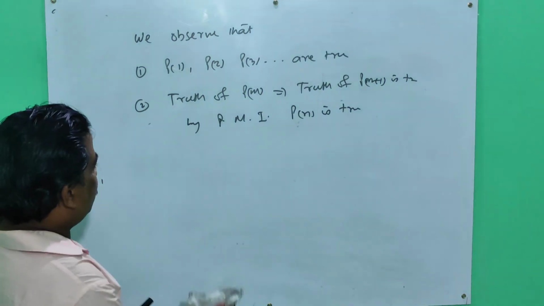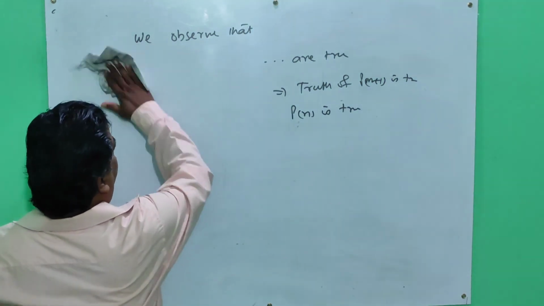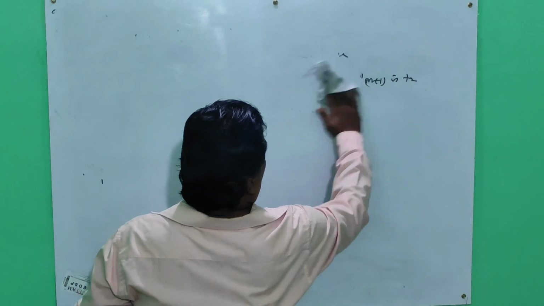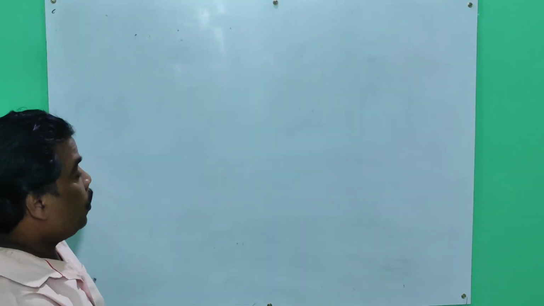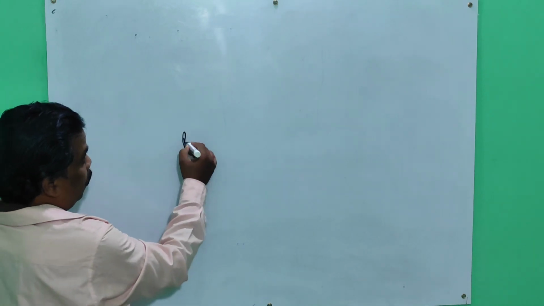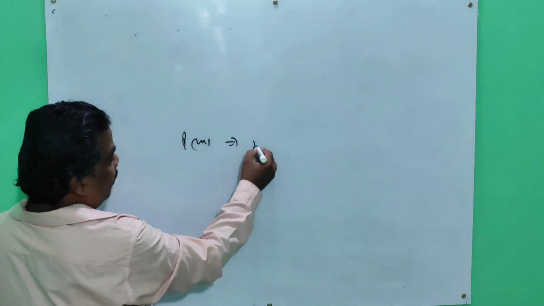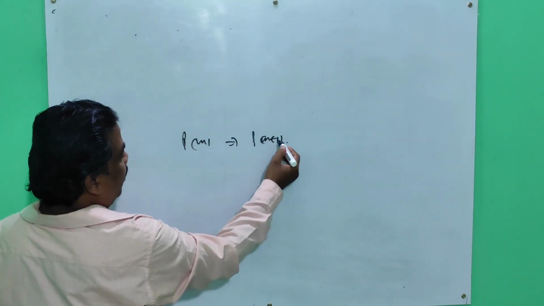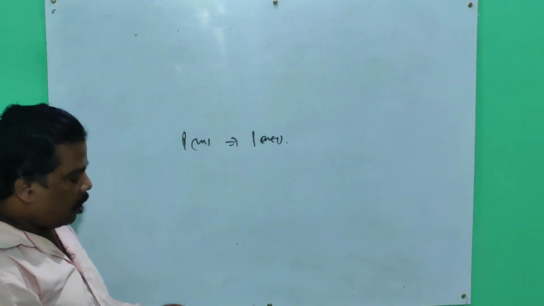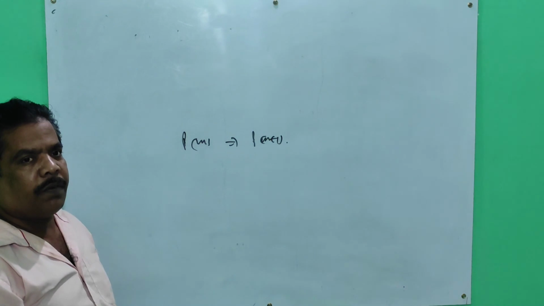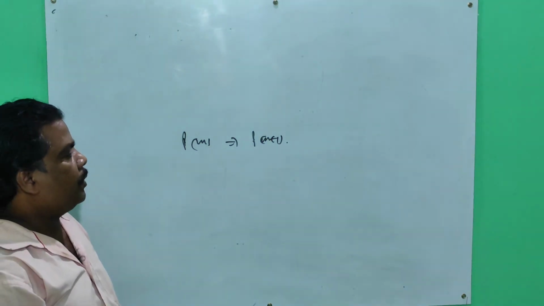That is the most important factor in the method of induction. If P(m+1) is true whenever Pm is true, that is, Pm true implies P(m+1) true, then by induction Pn is true. In this way, we solve the problems of induction.